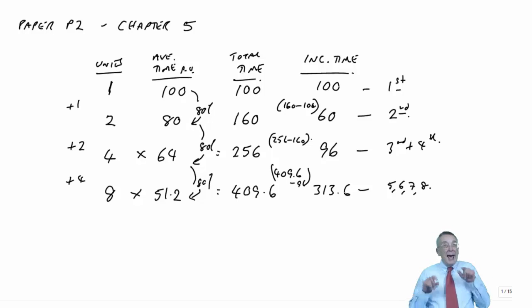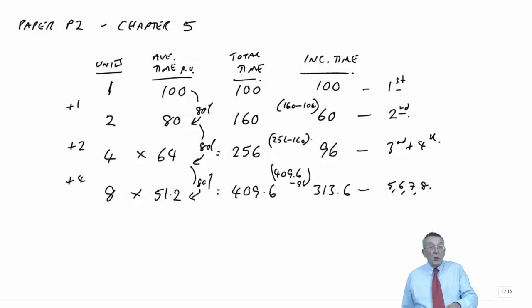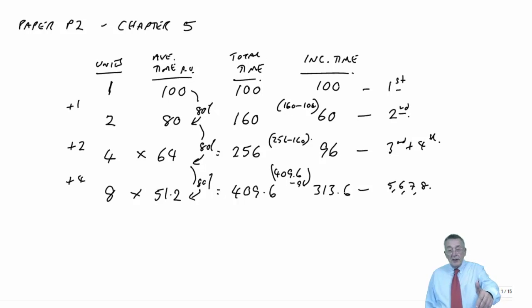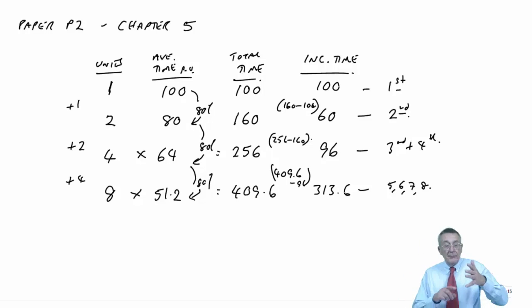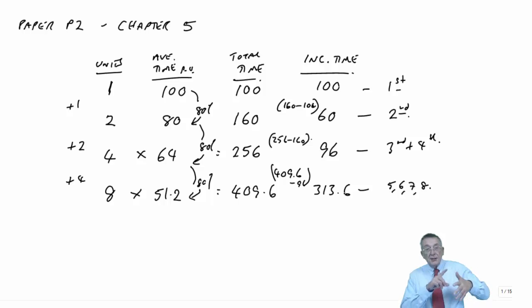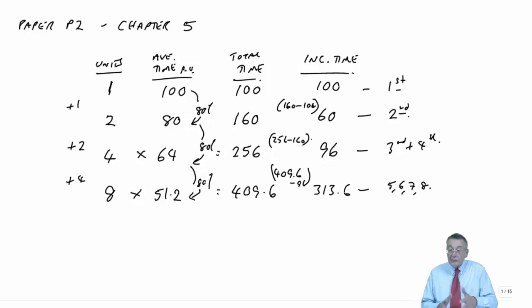Now I'm not going to carry on, but I think you see what's happening. Every time we double, the average time per unit falls by that fixed percentage. And there we are. But I've already said what the big problem is with the doubling rule. That although I do know the time for the first and the second, I don't know individually the time for number 3, number 4, number 5, number 6, number 7, number 8. Third and fourth in total take 96 hours.